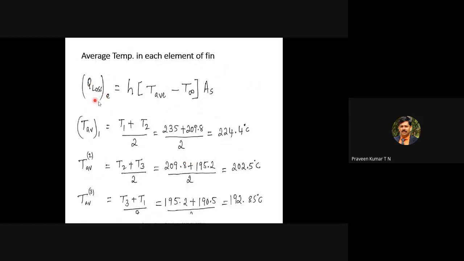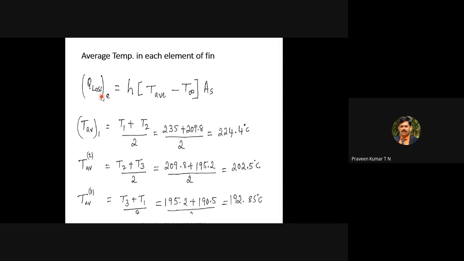So now the total heat loss, we have a formula, you studied in heat transfer also. The total heat loss by convection is given by h into T average. I have just modified the formula: T average of the element minus T infinity. Normally it is T surface, into the area of convective heat transfer, not your conduction heat transfer.